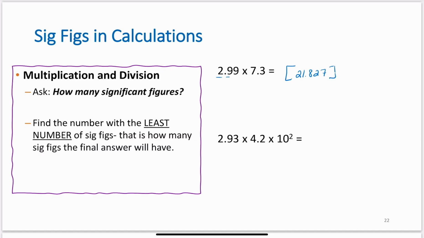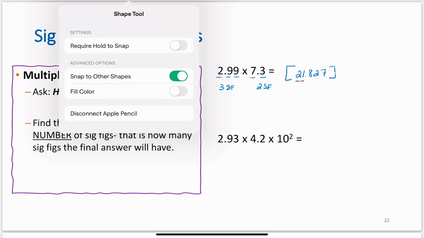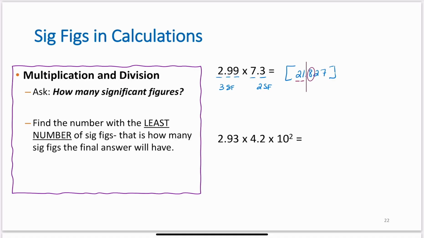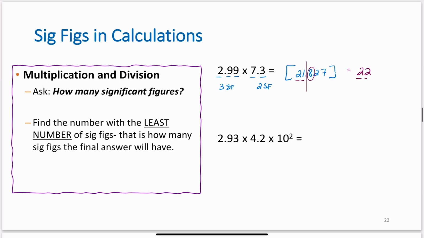When I look at this though, the 2.99 has 3 sig figs. 7.3 has 2 sig figs. My final answer can only have 2 sig figs, so I'm going to round it by dropping that 8. The 8 is equal or greater than 5, so I'm going to round this up to 22. I need 2 sig figs in my final answer because this is limiting my sig figs in my overall example.